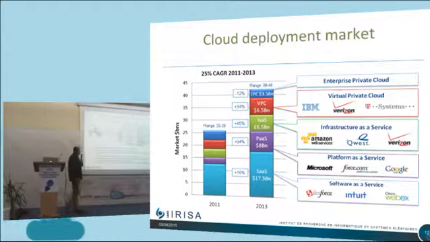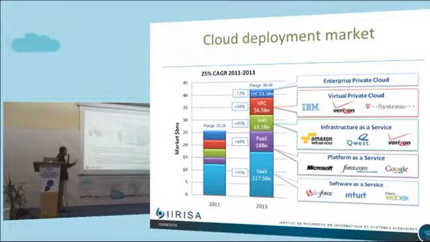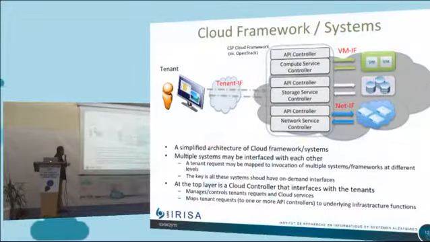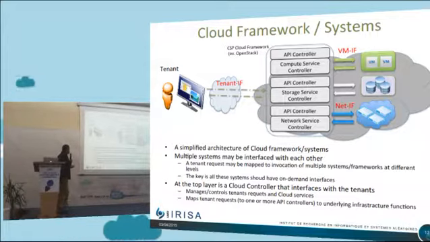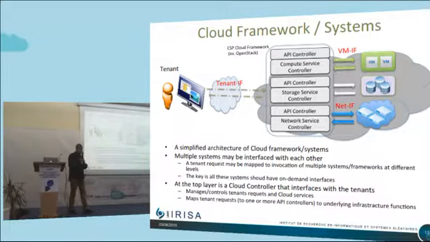Usually, a cloud platform is organized as in this picture. You have the tenant, the person who is connected to the cloud, using some interface, which means some API, and the cloud framework system, which is detailed here in this picture.